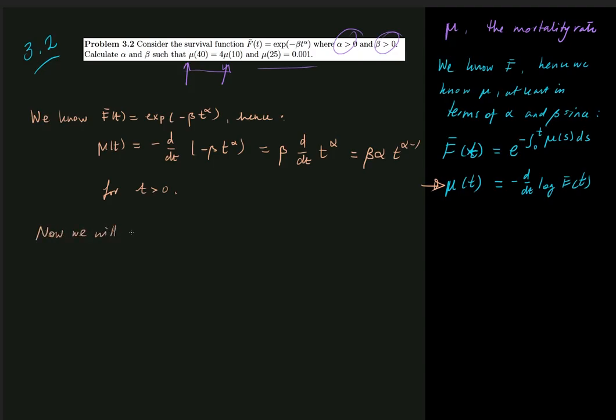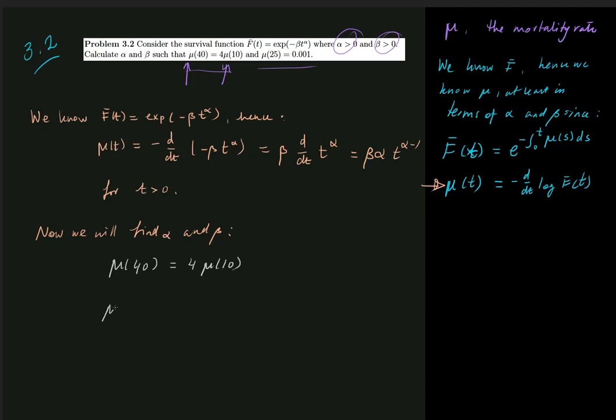So now we want to find alpha and beta. So what do we know? We know that mu of 40 is equal to 4 mu of 10. So alpha and beta should satisfy this.